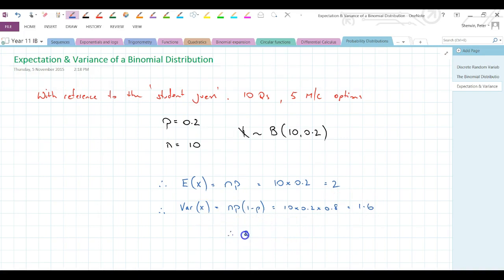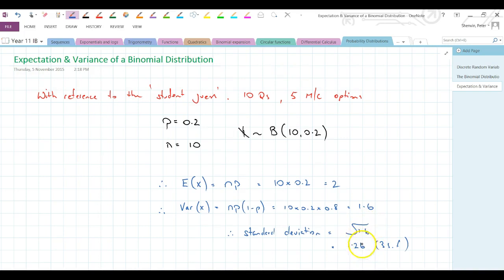Therefore, we're often asked for the standard deviation. The standard deviation is equal to the square root of 1.6, which is 1.26 to 3 significant figures. So we've got an expectation of 2 and a standard deviation, which, if you remember on a normal distribution, which we're going to look at next actually, one standard deviation either side of the expected value or the mean will account for nearly 70% of scores.